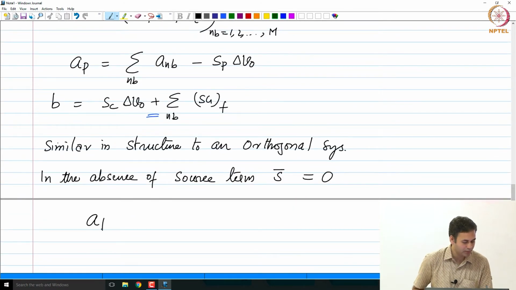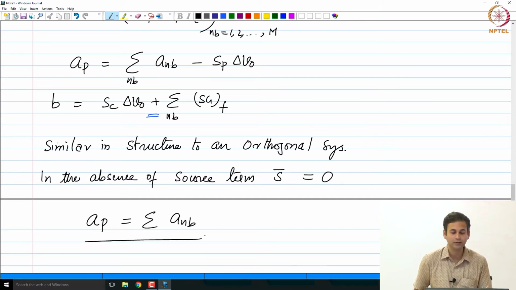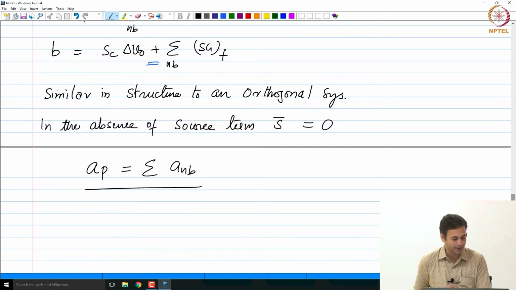Is A p summation of sigma A and b or no? Yes, it is. A p is summation of sigma A and b. So, Scarborough is satisfied in equality, okay, equality is satisfied. What about boundedness?